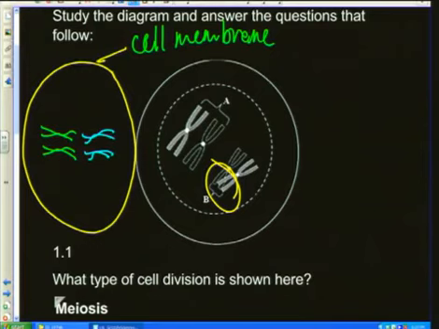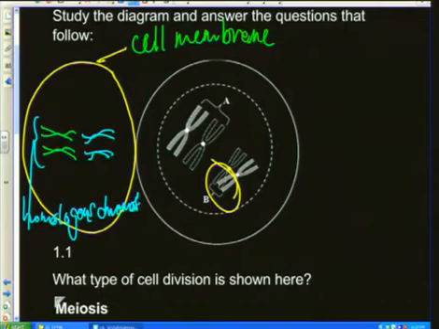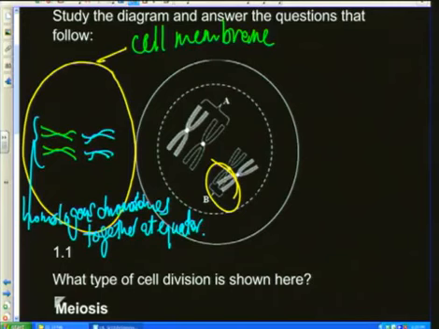So what we are showing here is the cell membrane, and then we can put a curly bracket there and say homologous chromosomes together. And if you draw this diagram, put them together at the equator. So when you draw this diagram, you will know exactly what this phase is.